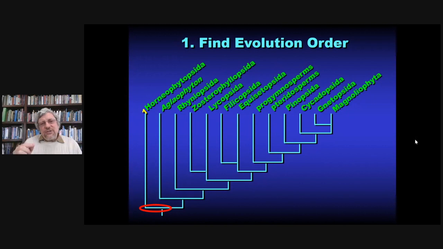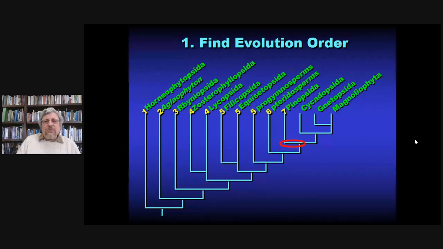So we first have to determine what the evolutionary order is. On a diagram like this one, we can see that Horneophytopsida is the very first branch, so they should have a fossil record going back the earliest. Then we have the Aglaophyton and so on.